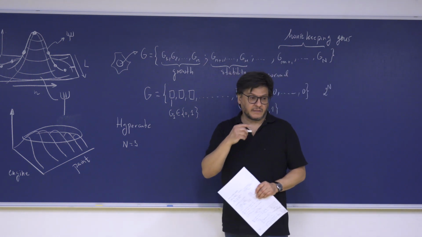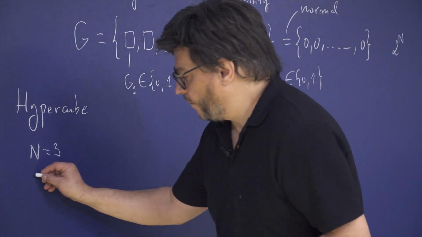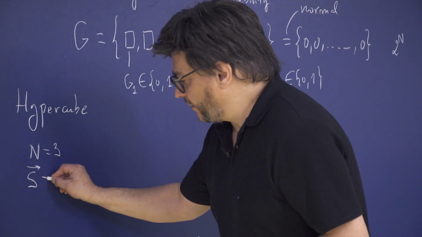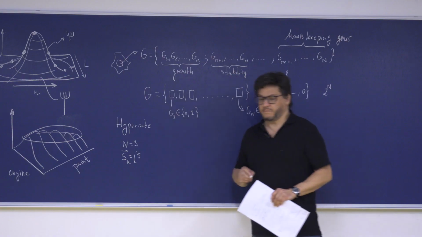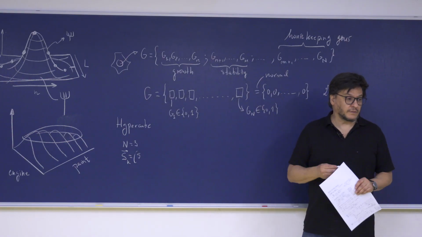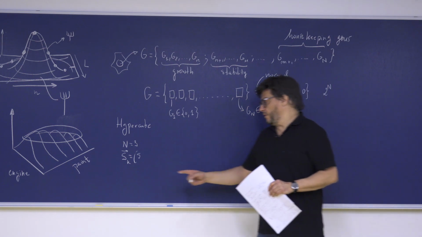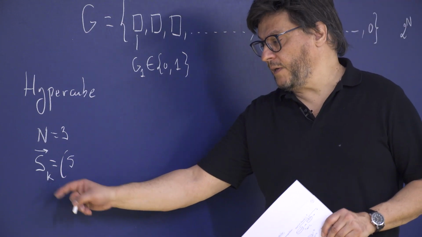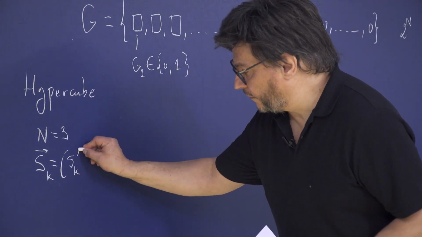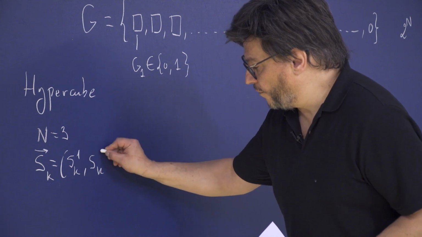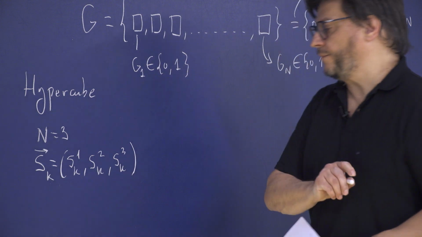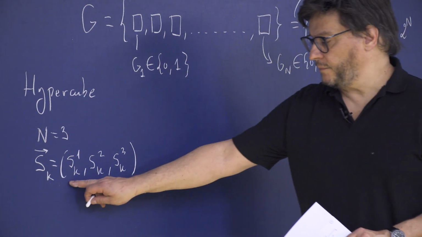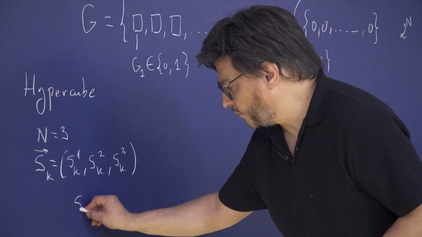In that case, my space of the possible will go into strings. Imagine that this is S_k, the digital genome of the kth individual. I will have 3 components, and each one can be a 0 or a 1.